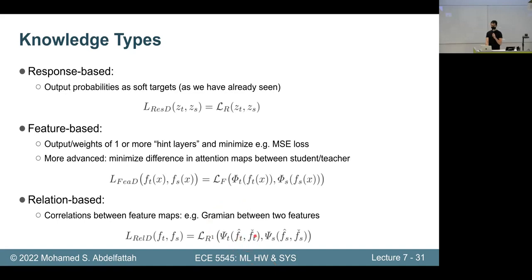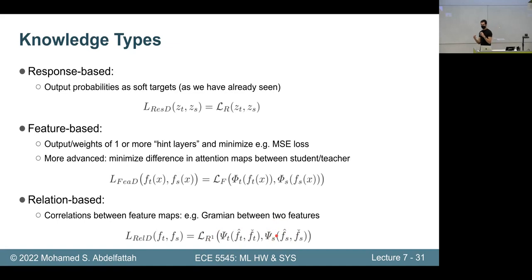So 2 layers from FT, which is the teacher neural network, and I'm computing some relationship between them. One of those functions is called a Gramian between 2 features. And so I'm saying these 2 feature maps or these 2 parameter tensors should be related in some way, and I want that relationship to carry forward to the student network as well.